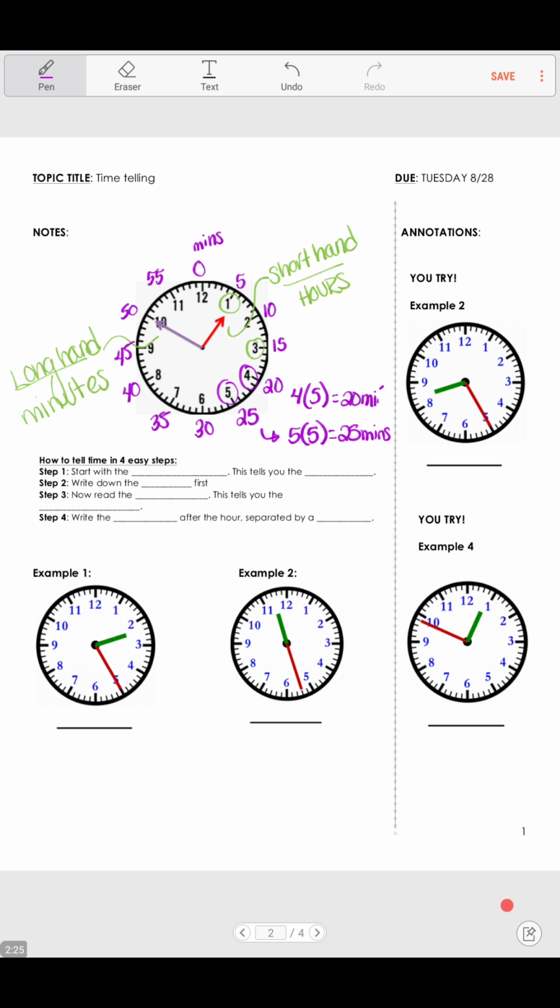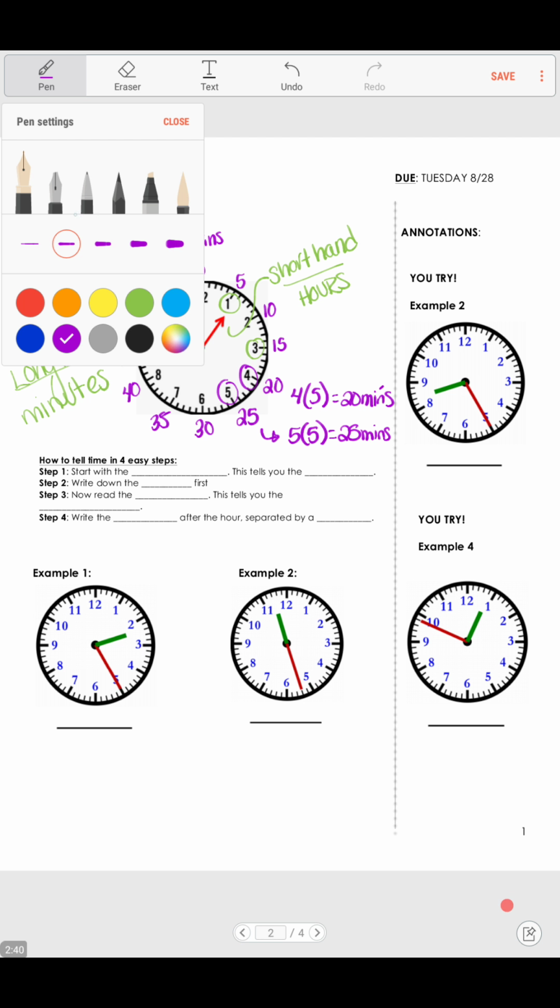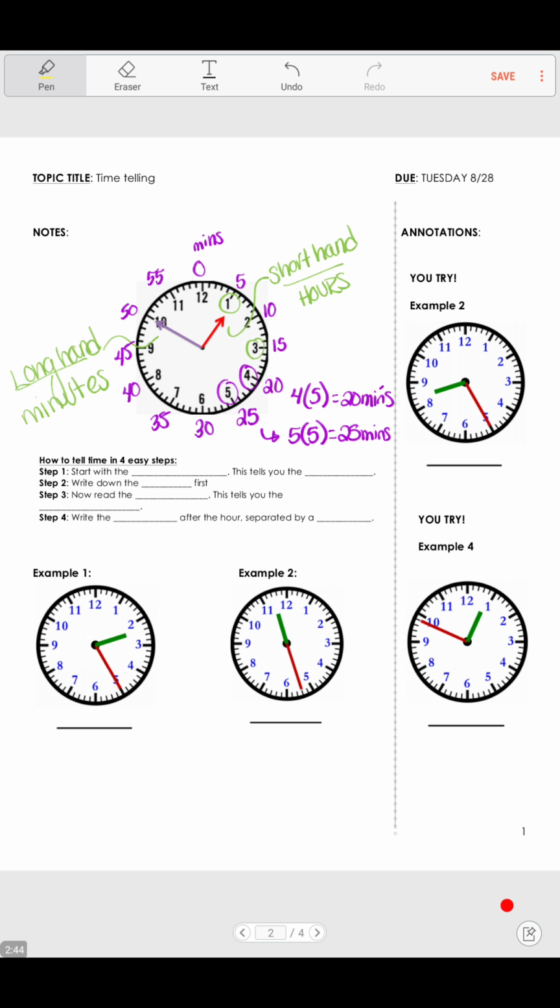So if you ever forget what it counts by, you can always check the math there. Alright, so these numbers are our important numbers. So our hours again on the inside and our minutes using these outside numbers.